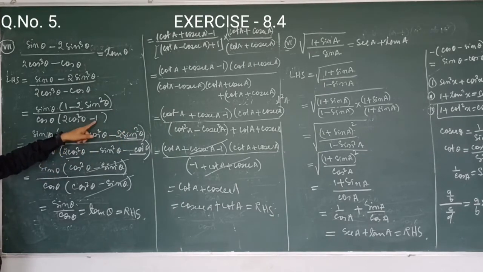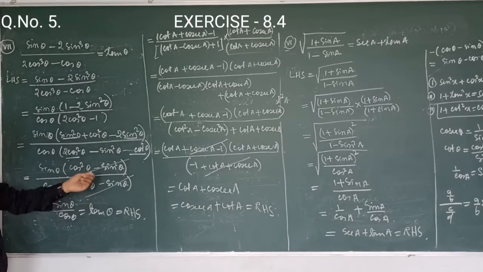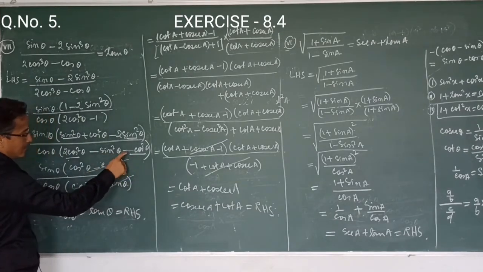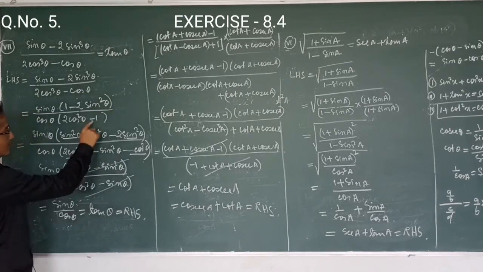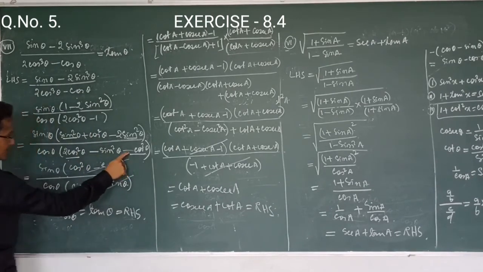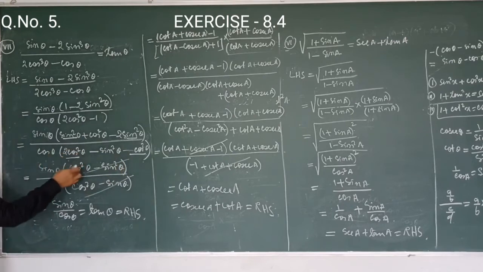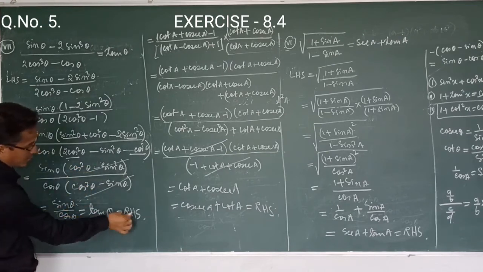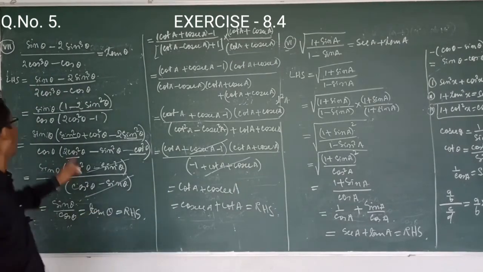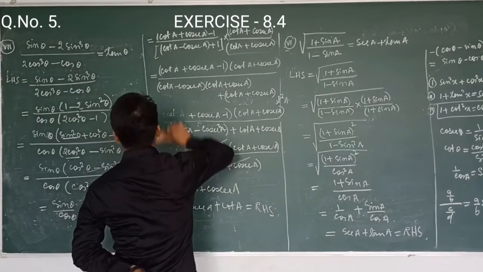And this minus is because of that minus, minus multiplied by sign gives minus. Then simplify, we cancel the numerator and denominator. We will get sin theta by cos theta, which is tan theta, equal to the right hand side. Okay, this is Roman number 7.